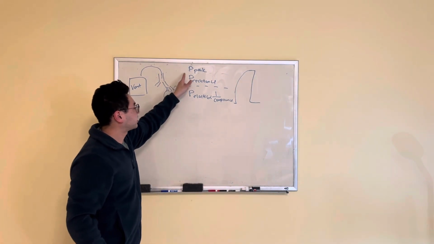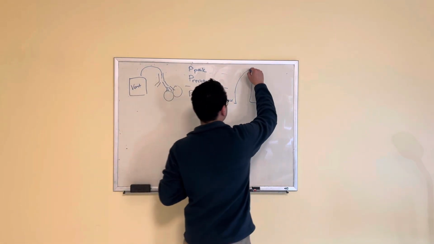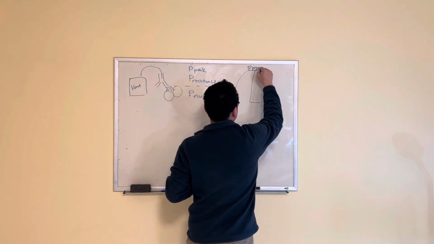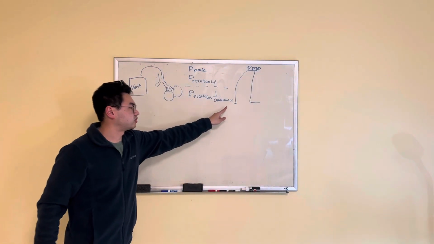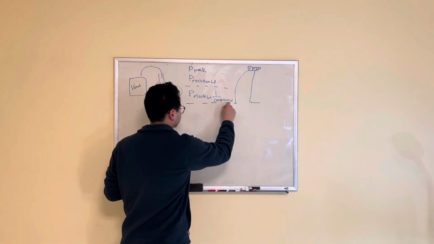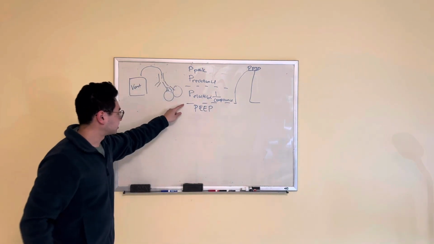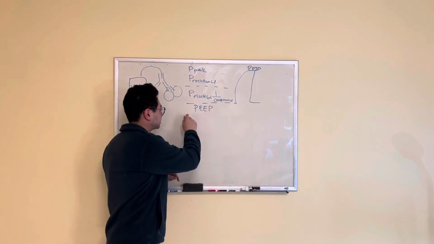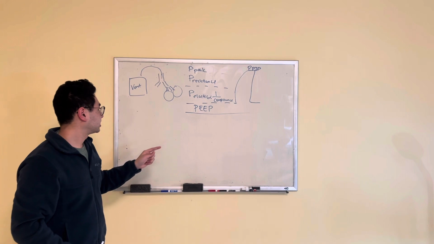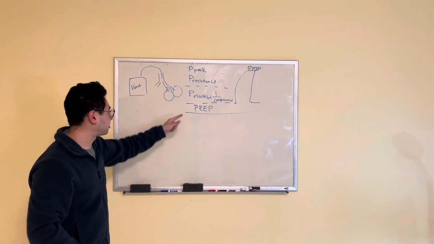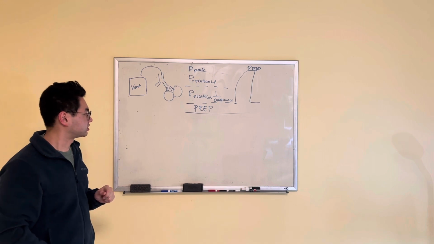So what you have here is the peak pressure or the peak inspiratory pressure, but you don't have any of these other pressures. What you do also have is the positive end-expiratory pressure. This is the pressure above the baseline that you set on your ventilator. And this just gives some positive pressure to overcome the resistance in the endotracheal tube.